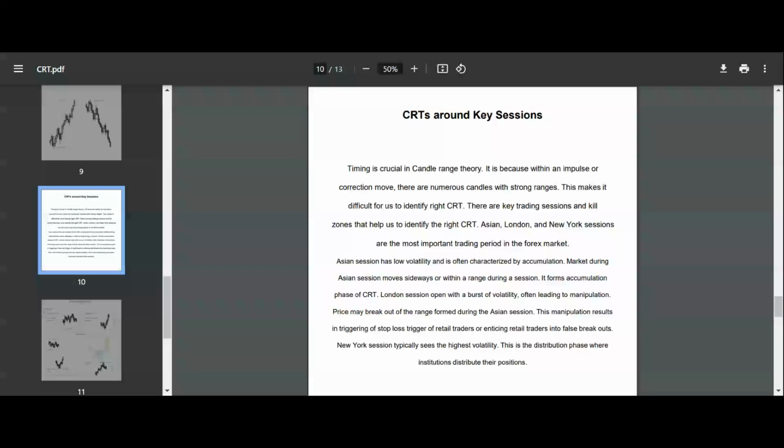In an Asian session, that is where your accumulation candle is going to form. That is your CRT high and your CRT low. You can pick a particular candle, you can pick two candles, or you can pick the whole range.